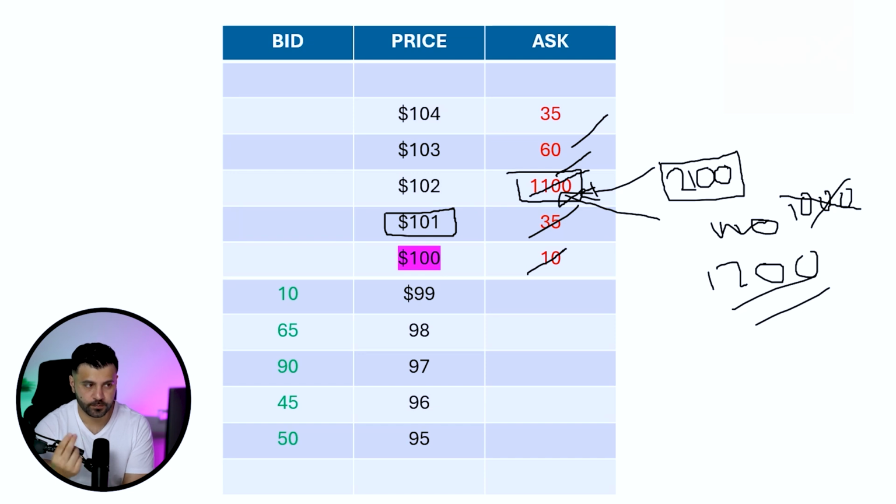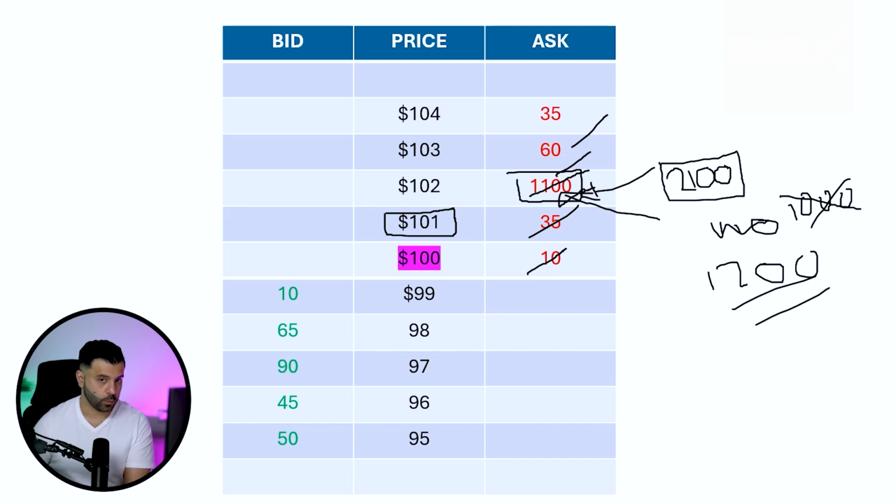He spoofed people into thinking, look, we have a big sell wall here, but as soon as the price starts reaching that level, he's pulled his orders and reversed it, because his intention was never to fill those orders at 1,100. His intention was to drive this price higher, and he needed to spoof you into thinking there's a big sell wall there, so you place your orders at that price.